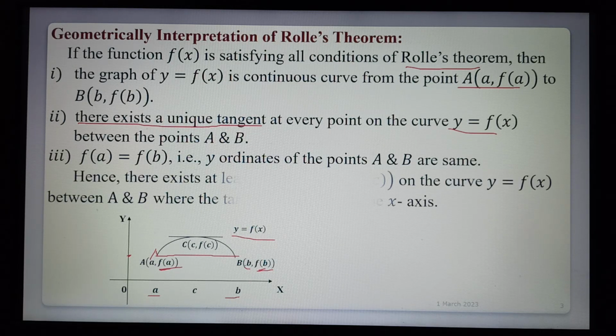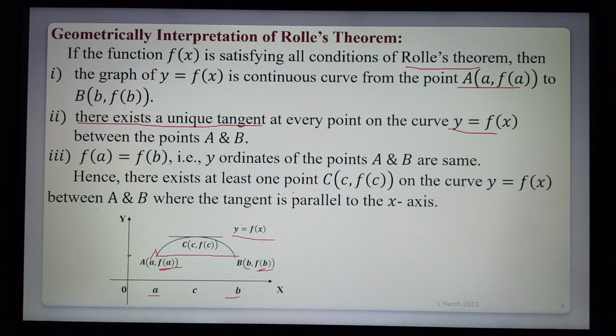Then there exists at least one point c on the curve y = f(x) between a and b where the tangent is parallel to the x-axis. At that point the tangent is parallel to the x-axis, because this is a tangent line.